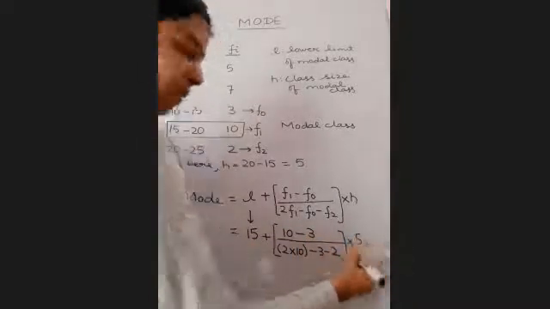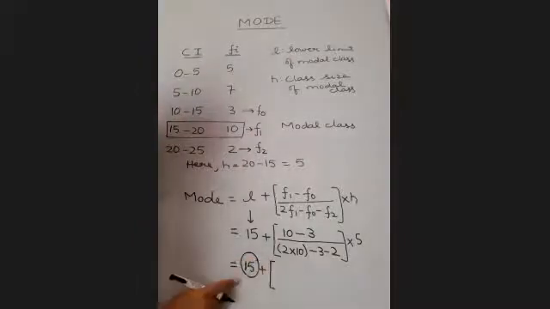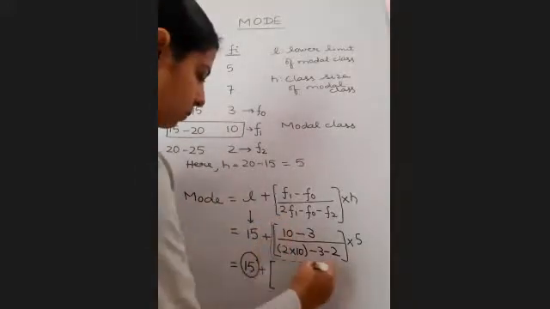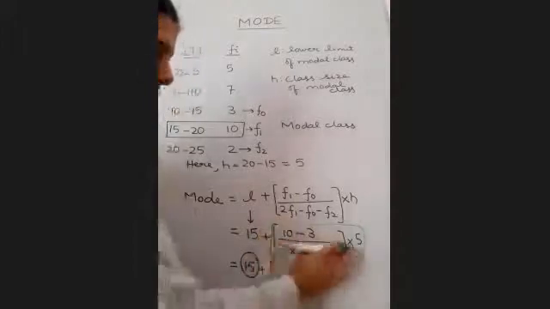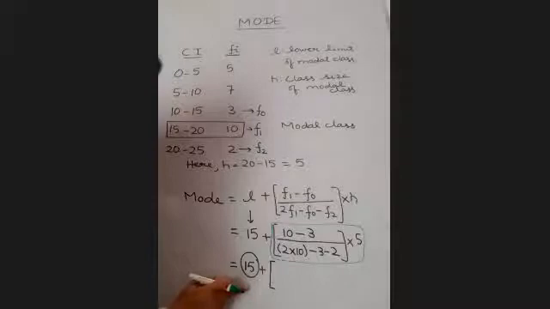Please make sure specifically you mention this modal class. Okay, so now this is 5. This is 15 plus. I would say keep it separate. I am repeating, keep it separate. Solve this bracket first. Whatever you get here in decimal, add that to 15. Please do not go for the LCM thing.